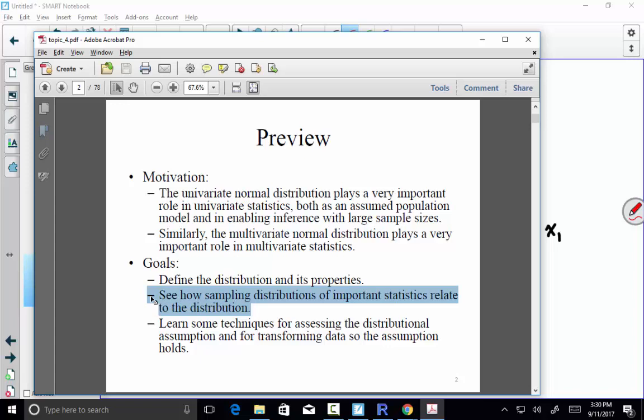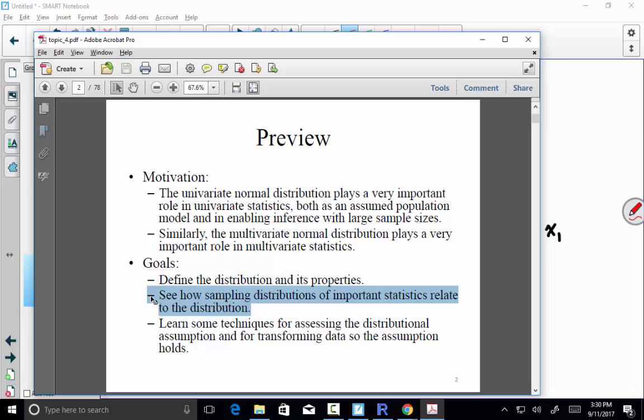And they are critical to the process of statistical inference. If I want a confidence interval for a parameter, or if I want a p-value for testing a hypothesis about the parameter, in order to do that, I have to have sampling distributions. So they're really critical things.